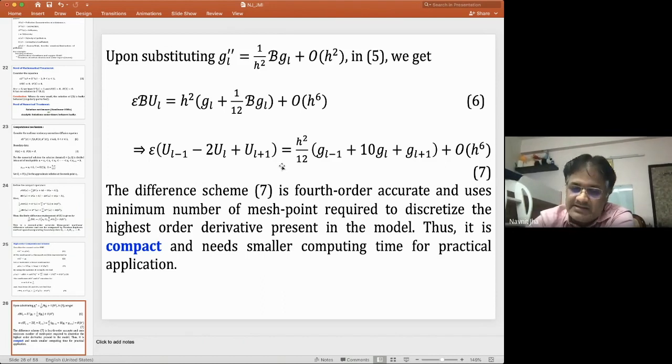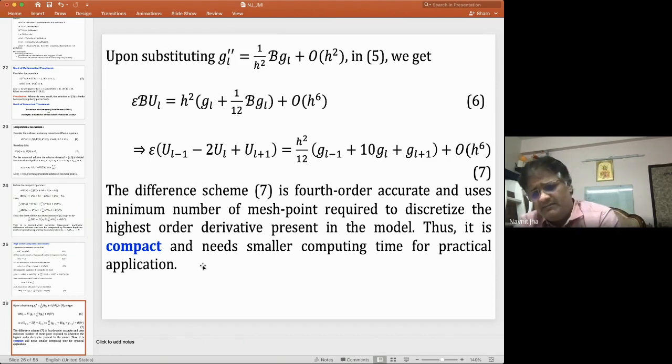That is why we restrict it to only 3 points. So this is what I have written concisely here. It uses the minimum number of mesh points required to discretize the highest order derivative present in the model. Thus, it is compact and needs smaller computing time for practical application.